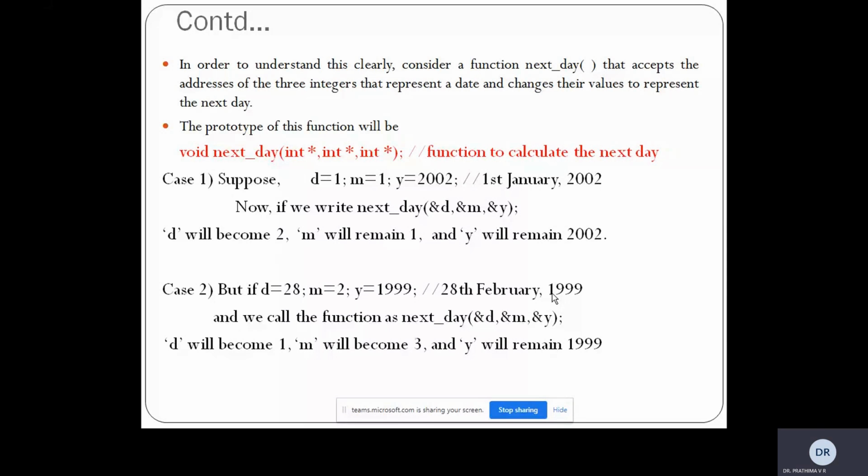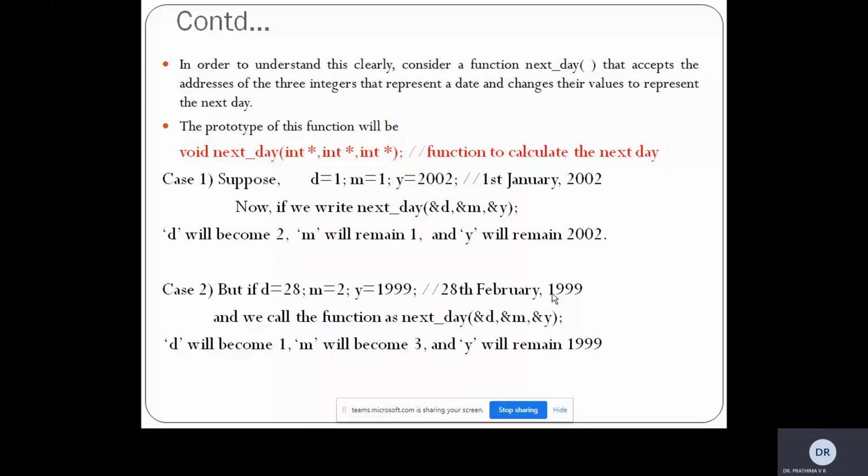Now let me take up case 2. Here I have set the variable d as 28, the variable m as 2, and the variable y as 1999. If we make a call to next_day as a function call, now d will become 1, m will become 3, and y will remain 1999.